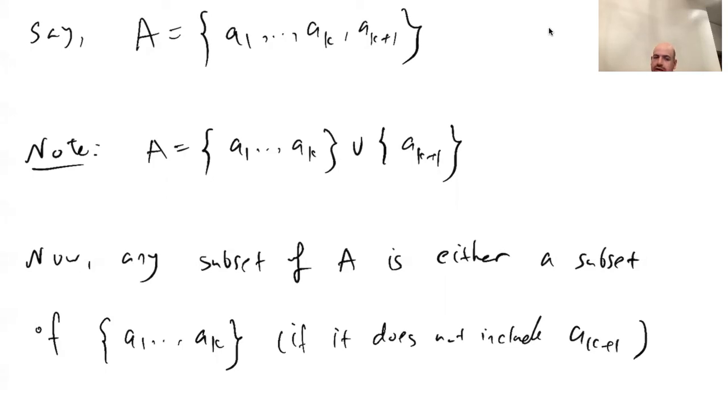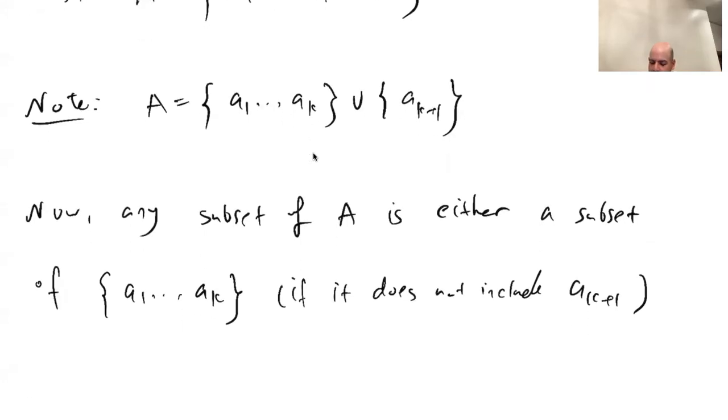So any subset of A either doesn't have AK plus 1, in that case it will be a subset of this set here, or it has AK plus 1. If it has AK plus 1, once I remove AK plus 1 from that set, again, I'll get a subset of A1 to AK, right?